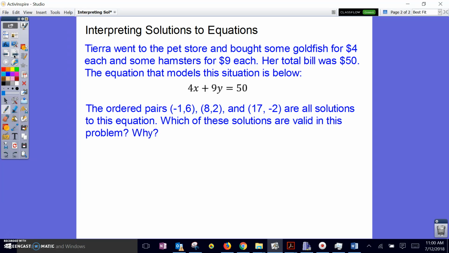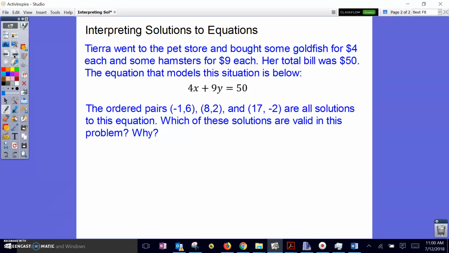Well, first of all, if I substituted all of those ordered pairs back into the equation, they would all give us true values, which means that mathematically, all of these solutions are valid. But just because they're all mathematically valid doesn't necessarily mean that they're all actually valid. So let's think about this.